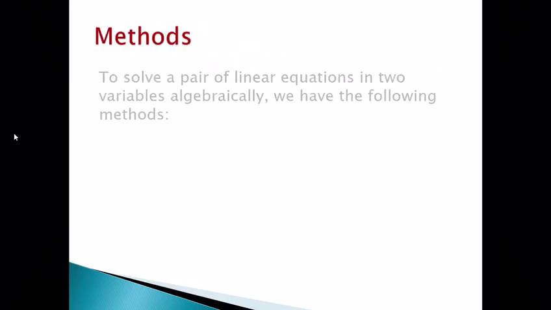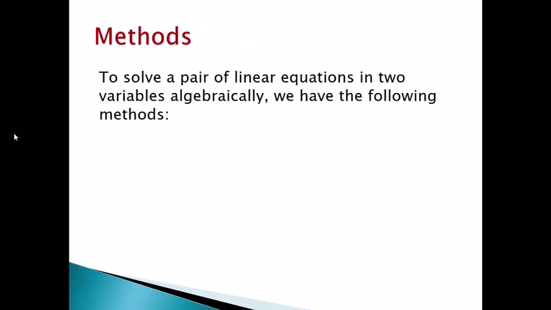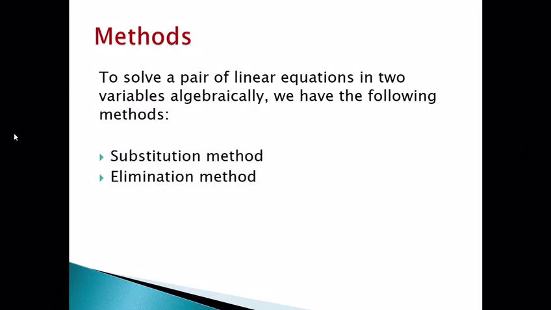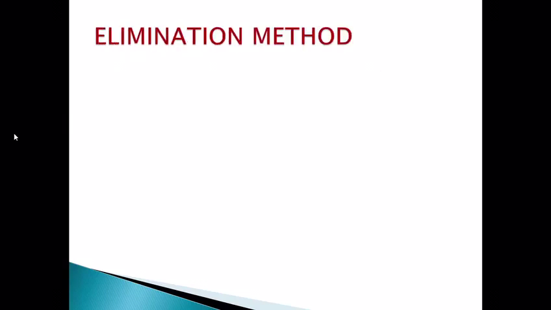Now there are different methods to solve a pair of linear equations algebraically, like the substitution method, elimination method, then cross multiplication method. Today I am going to discuss the elimination method with you. As the name suggests, elimination means we have to eliminate something.